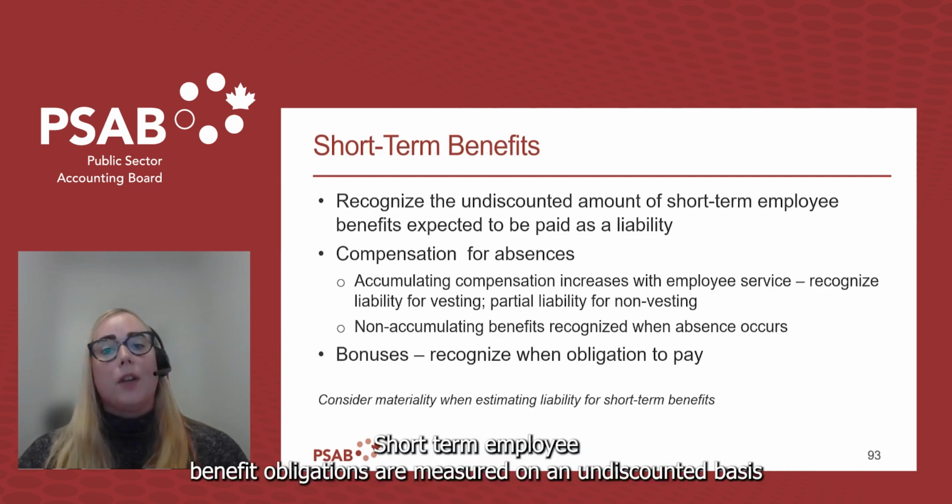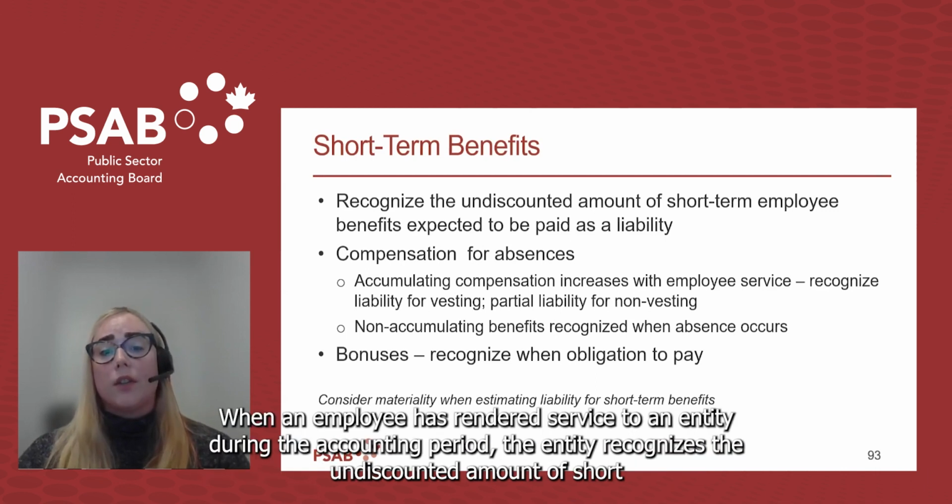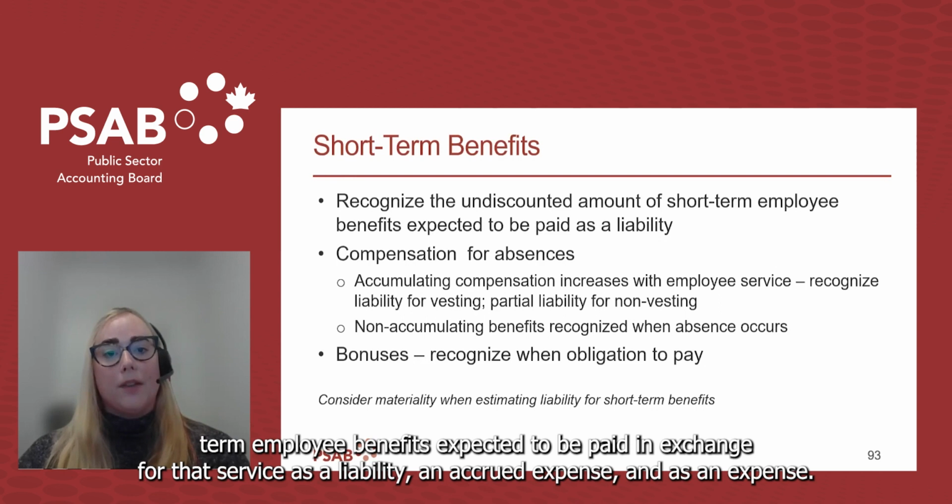Short-term employee benefit obligations are measured on an undiscounted basis. When an employee has rendered service to an entity during the accounting period, the entity recognizes the undiscounted amount of short-term employee benefits expected to be paid in exchange for that service as a liability, an accrued expense, and as an expense.